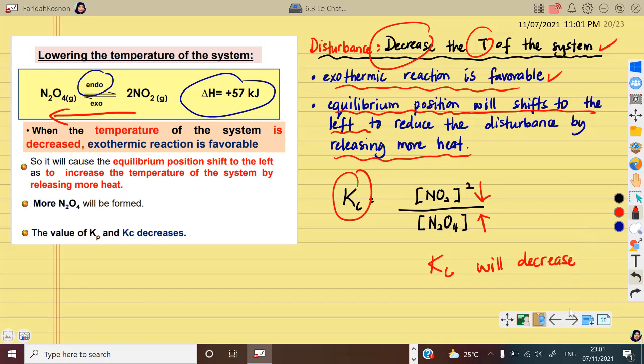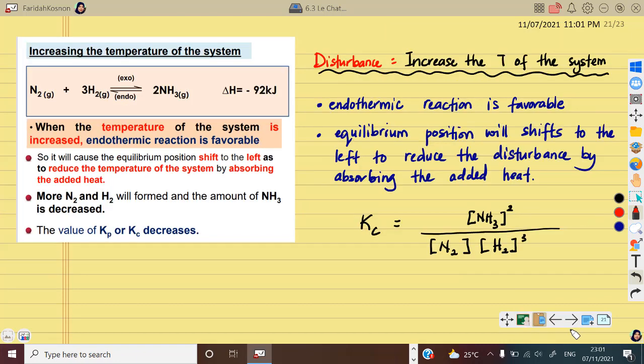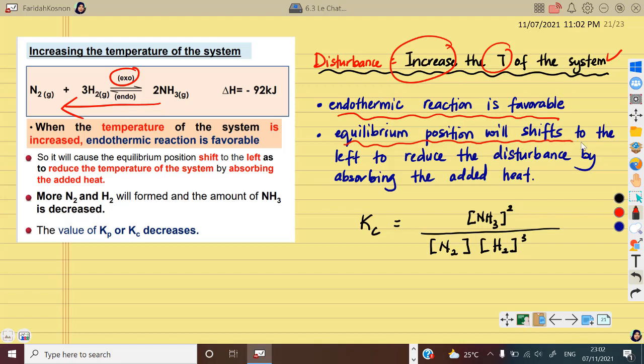So, Kc will decrease. Okay, seterusnya kita lihat contoh yang untuk forward adalah exothermic. Okay, forward exothermic. So, the disturbance is the temperature of the system increase. Ingat, kalau temperature of the system increase, dia mesti favor endothermic reaction. So, in this case, endothermic reaction adalah yang reverse reaction. So, to counteract the disturbance, to reduce the disturbance, equilibrium position will shift to the left, to reduce the disturbance by absorbing the added heat.